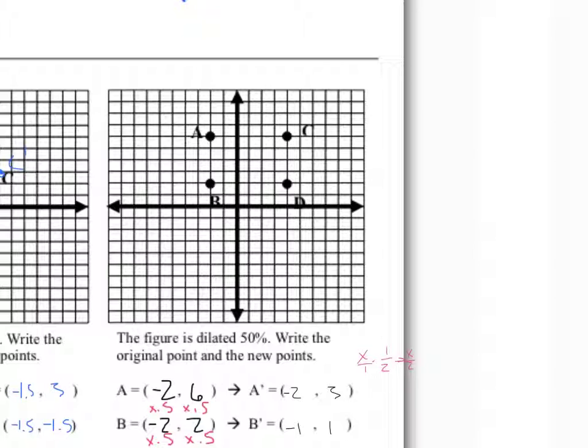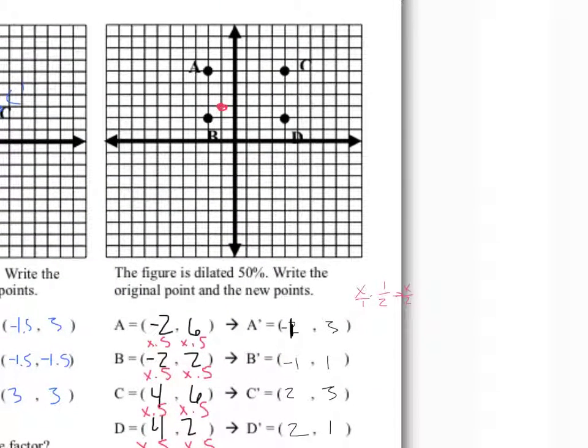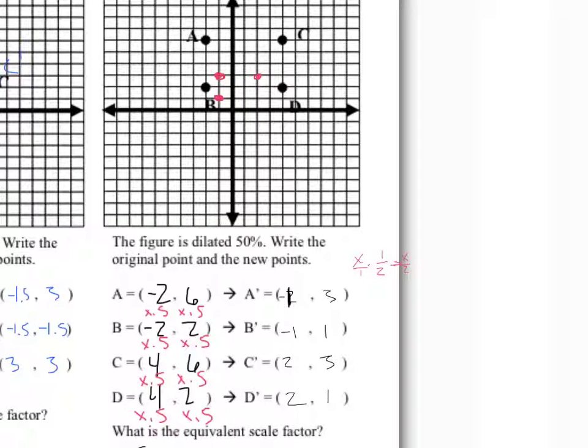Oops, that should be -1, 3. -1, 3. -1, 1. 2, 3. And 2, 1.